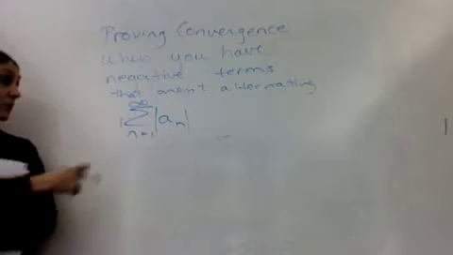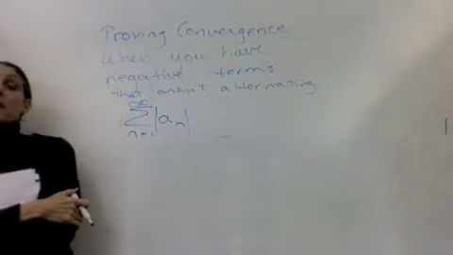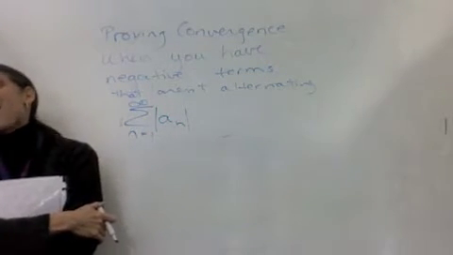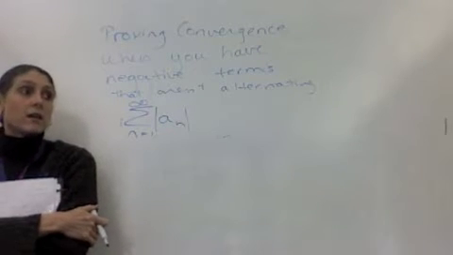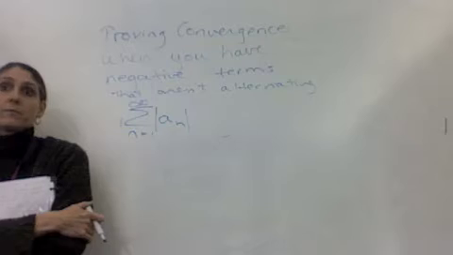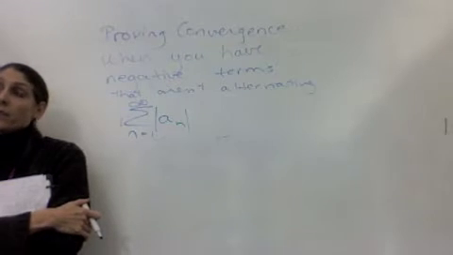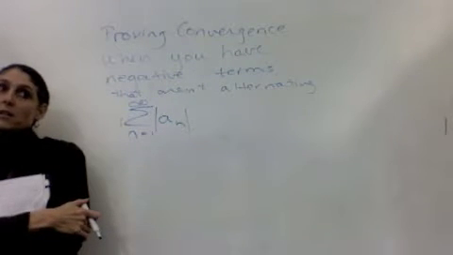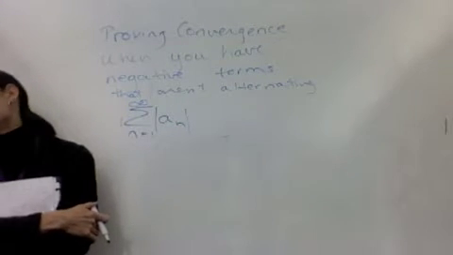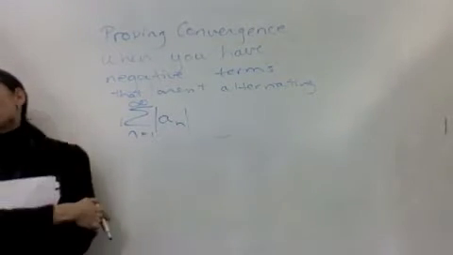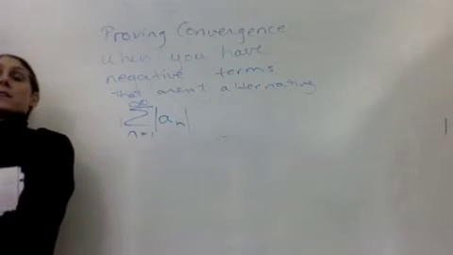You use the absolute value of the general term in those tests, and if you can show that the absolute value of the series converges, then the series will converge. That's the concept for today. As long as it's not alternating. I'm going to prove it, and then we're going to talk about it, and then I'll do some examples. So that means all those tests we can use.